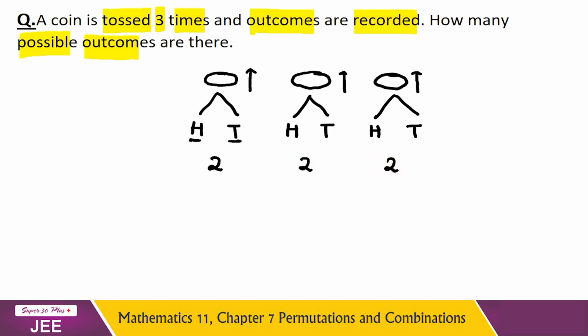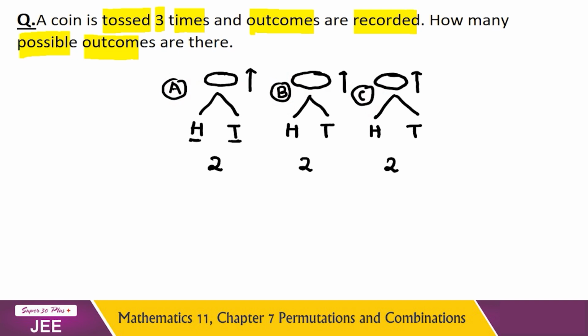And now we are interested in finding the total number of outcomes. So we are basically interested in finding the simultaneous occurrence of event A, event B and event C. That is, first coin is tossed, second time, and then coin is tossed third time.